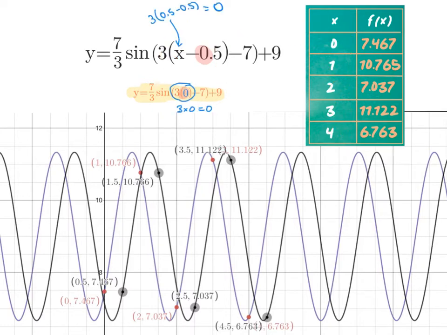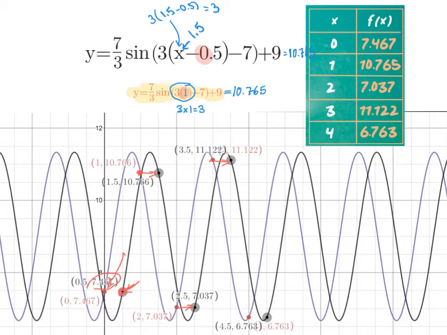So when I plug in a 0.5, I'm going to get the same value. On the graph, I used to plug in a 0 to get 7.467, and now I have to plug in a 0.5 to get 7.467 right here. Every point has moved over to the right by 0.5, because the x value you have to plug in to get the same y value is 0.5 greater.